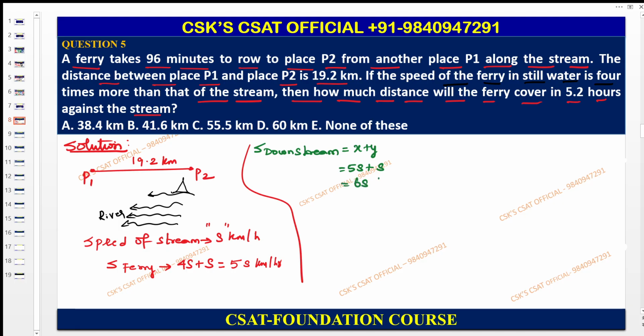So here 5S plus S becomes 6S kilometer per hour. Then the speed of the upstream: upstream means against, so you need to subtract. So 5S minus S becomes 4S kilometer per hour.